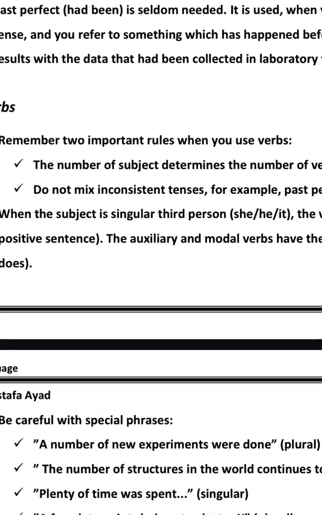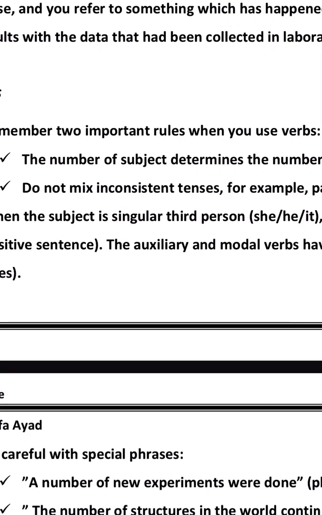Don't mix inconsistent tenses. We mentioned this in the first part: I cannot mix between inconsistent tenses. Inconsistent means not suitable or not connected. I cannot mix the past and the future. Yes, present with the future, okay. Past simple with past perfect, yes.